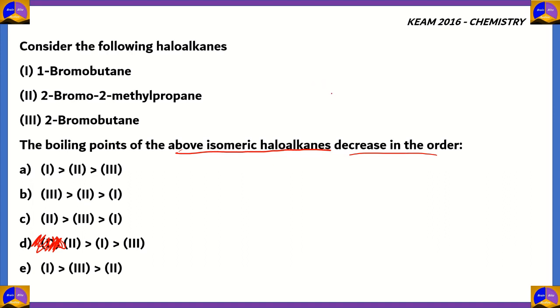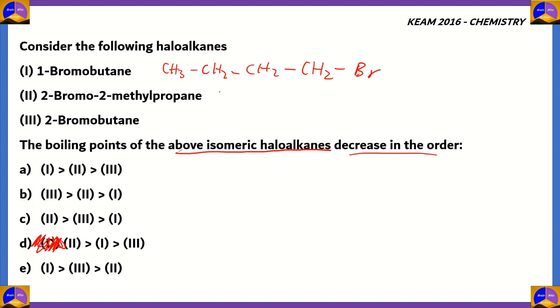Note that all of these haloalkanes are isomeric. That means they are structural isomers of each other. So let's first draw out their structures. First, we have 1-bromobutane: CH3, CH2, CH2, CH2, Br.